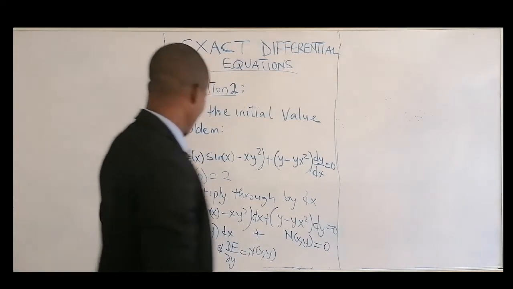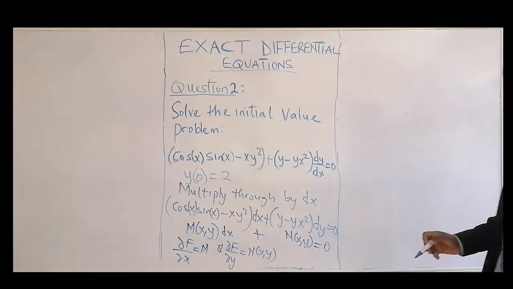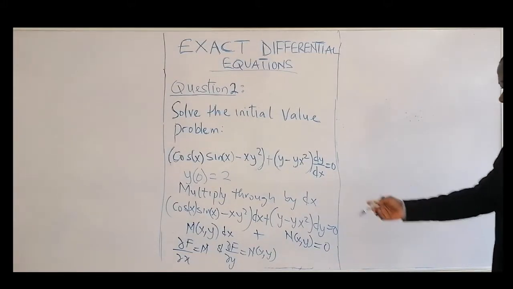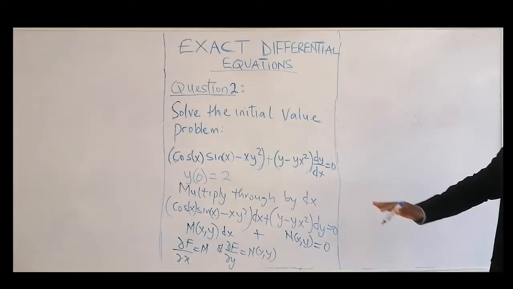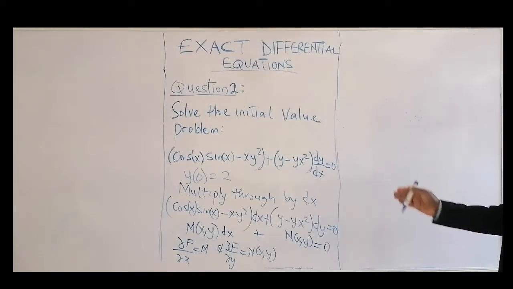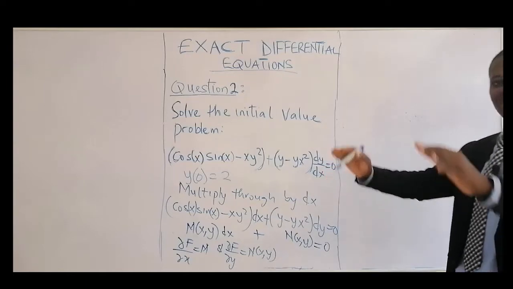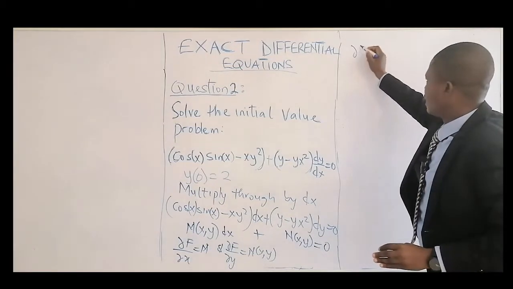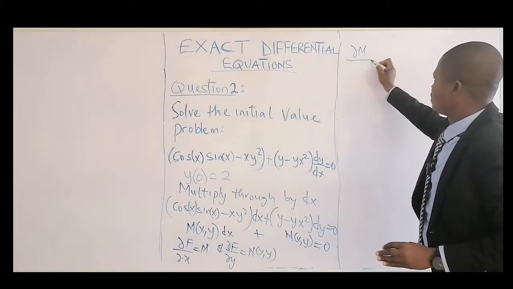Since we already know M, the next thing to do is to test for exactness. Actually, the question is not asking for exact, it just says solve. So we are the ones that will know what standard form this conforms to.